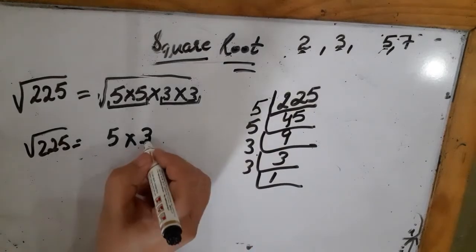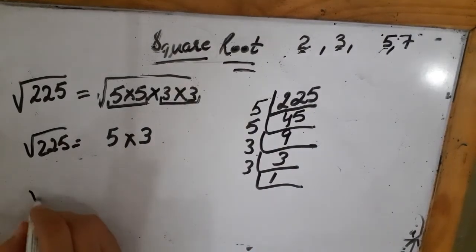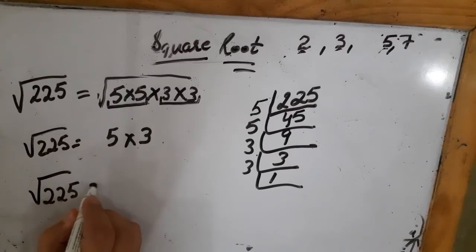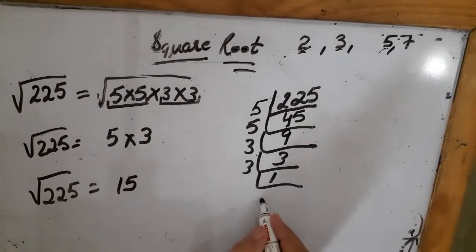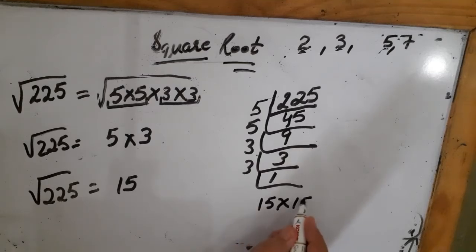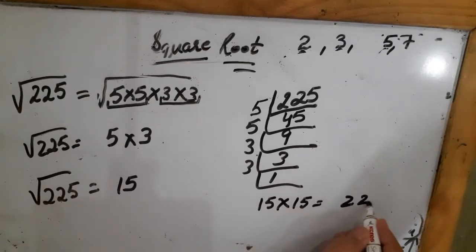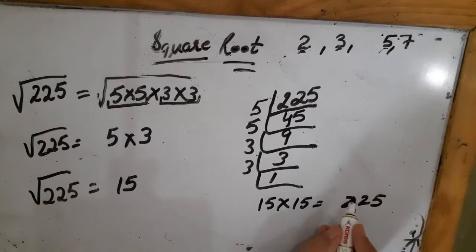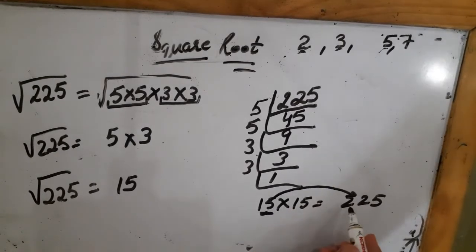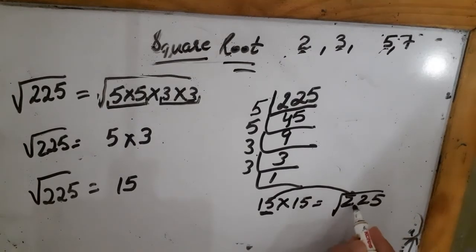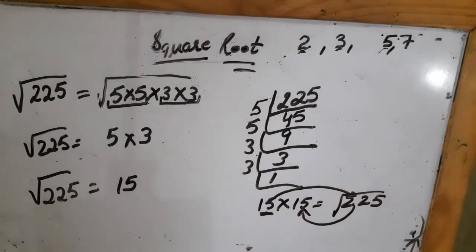Okay, now multiply them. 5 threes are 15. So it means that the square root of 225 is 15. Now if you multiply 15 with 15, you will get 225. So the square of 15 is 225 and the square root of 225 is 15.